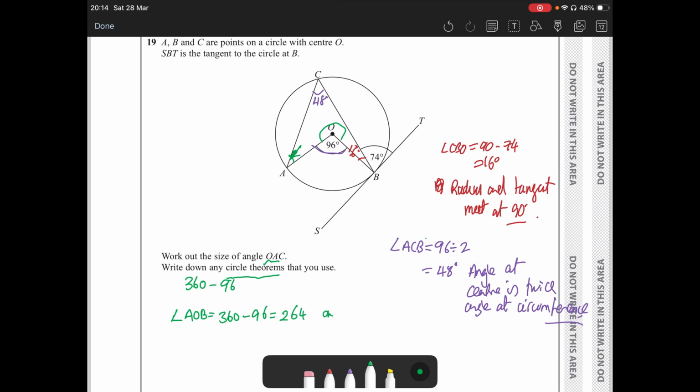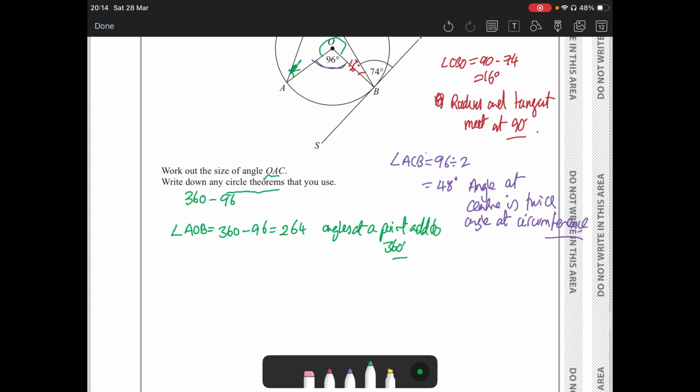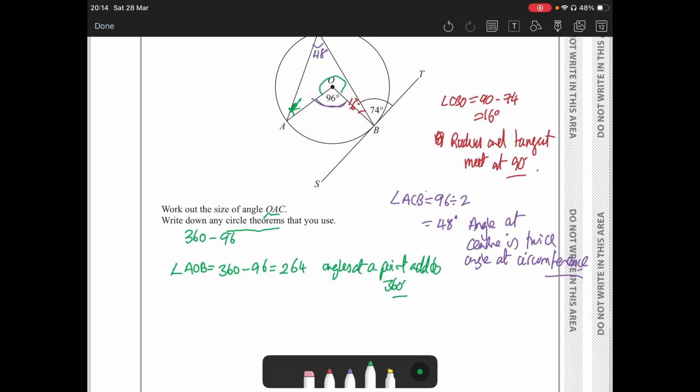And my reason is angles at a point add to 360 degrees. As silly as this sounds, and despite me using 360 in my working, in your reason you should always say they add to 360. Even though that's obvious from your working, they're really fussy when it comes to explaining your reasoning.